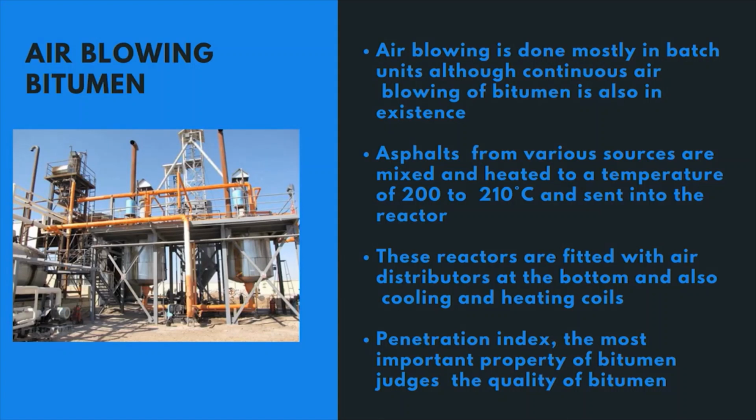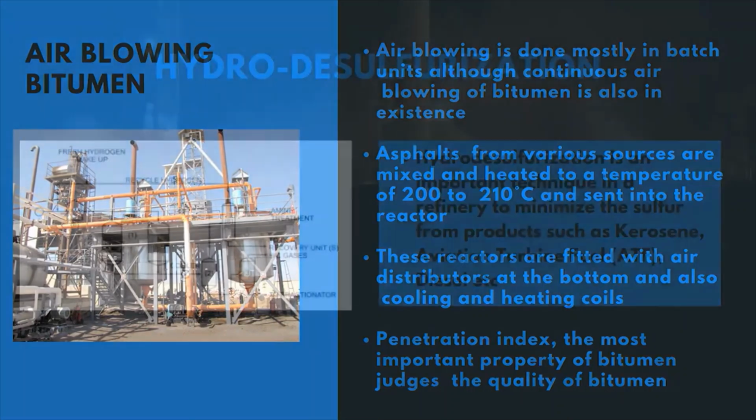For your civic road construction, you require a bitumen of a specific penetration index, while in an airport runway the penetration index will be totally different. So, depending on the market requirements and the planning requirements, the operating conditions would be varied, and accordingly the blending will happen, and finally you produce different grades of bitumen in a refinery.